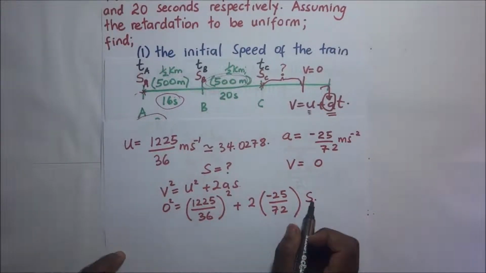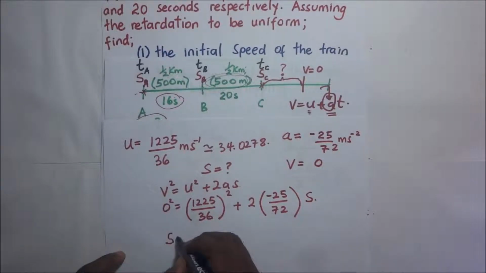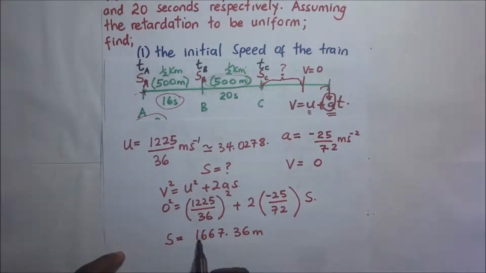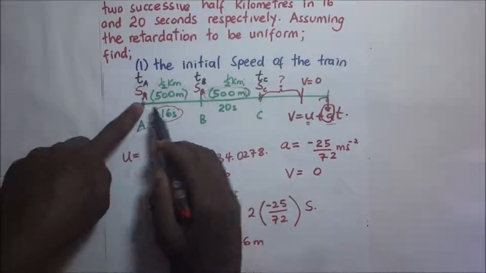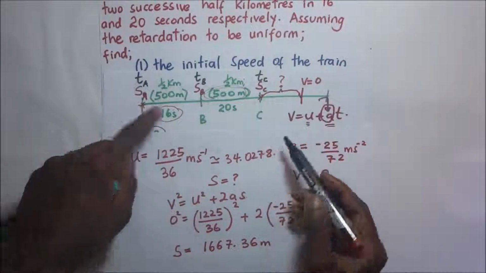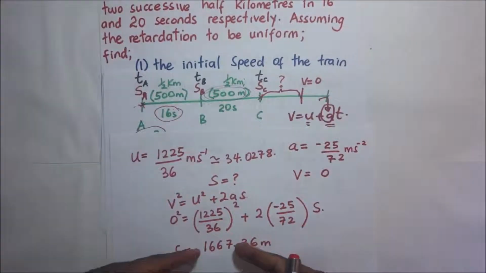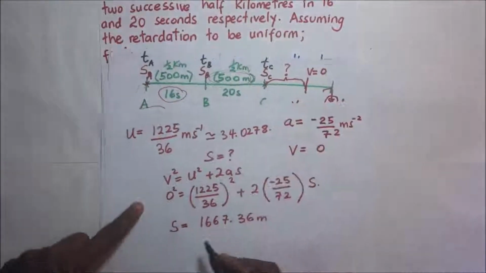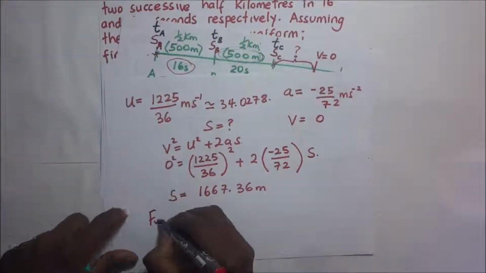When I make s the subject of the formula, I end up with s as 1667.36 meters. So it means 1667.36 meters is moved from this point to the point when it comes to rest. So the further distance covered is this whole distance minus the 1000 meters.